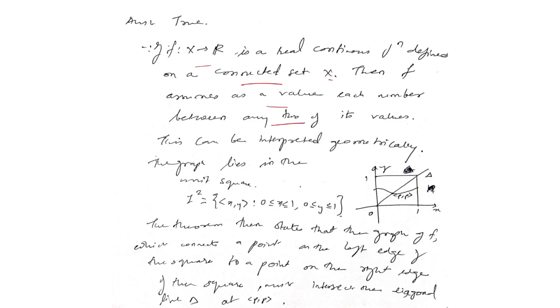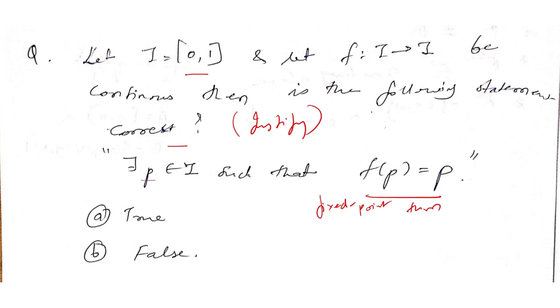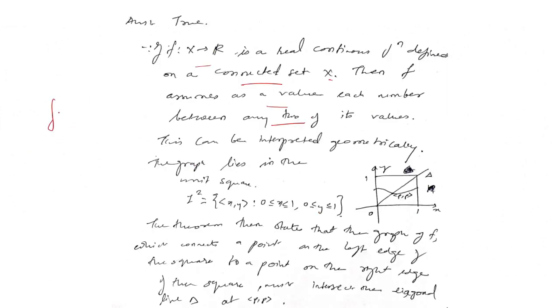So consider the graph. What function have we been given? It is from [0,1] to [0,1], so it lies in this region, I squared. The theorem then states that a graph of f which connects a point at the left edge of the square must intersect this diagonal. What do we mean by f of p equal to p for some p in I?